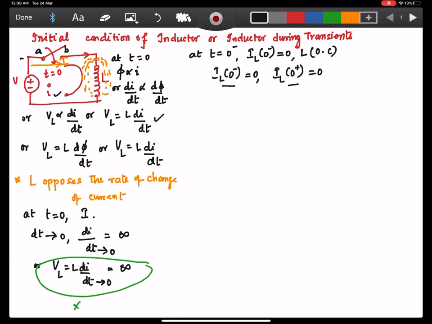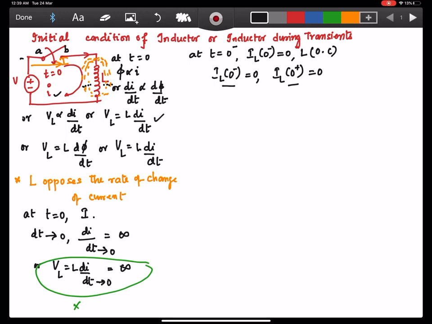Before and after the switching, we'll have this expansion or contraction of field, which opposes the main current. That means the inductor will oppose the instantaneous rate of change of current, which makes the inductor current 0. Hence, your inductor will operate as an open circuit during this condition.